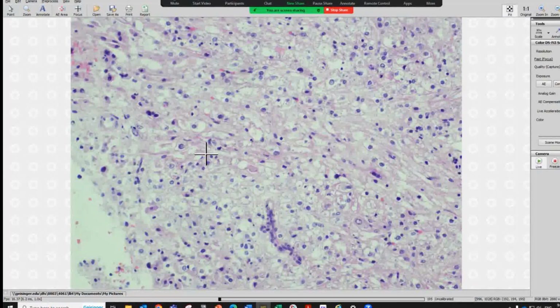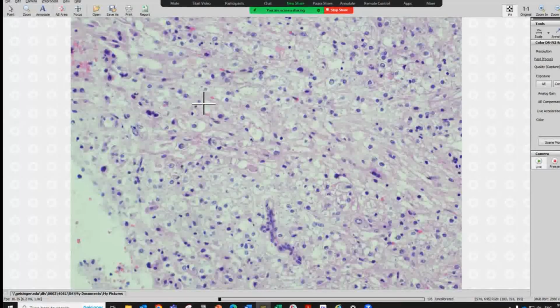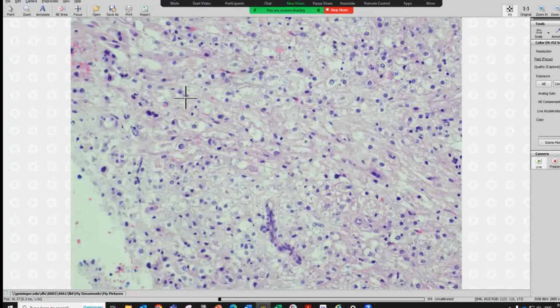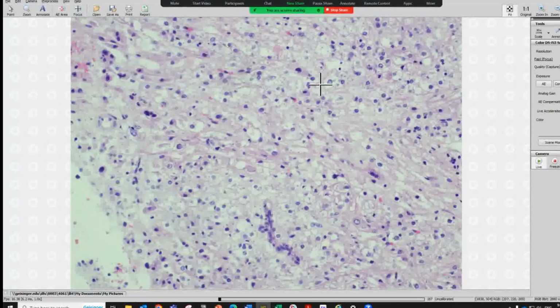And then another feature is that usually in RCC, the cells do not look this high grade, because even in this area we can see some cells with nucleoli, and some cells show pleomorphism. Some cells are smaller, some cells bigger. So for RCC, it should be a really high grade RCC.